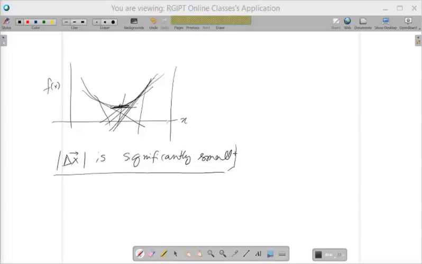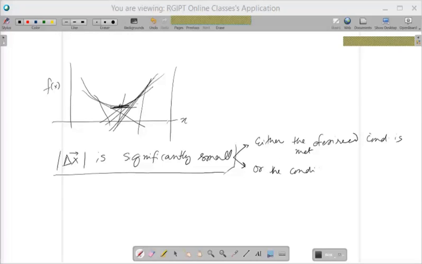So this can suggest two things. Either you have reached your spot, so the desired condition is met, or the condition is not met, but my technique is not helping me anymore.